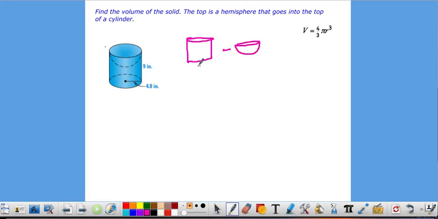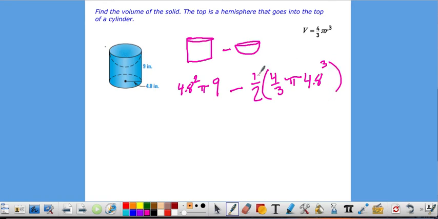The formula for the volume of a cylinder is base times height. So 4.8 squared times pi times the height of 9. That's the volume of the cylinder, minus 1/2 of a sphere. And the sphere we know is 4/3 times pi times the radius cubed, which is 4.8 cubed.